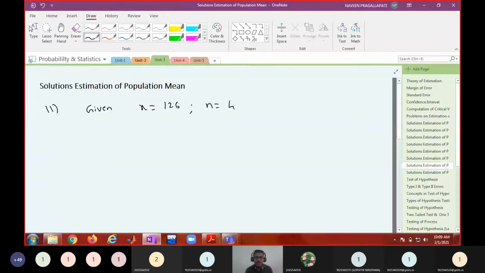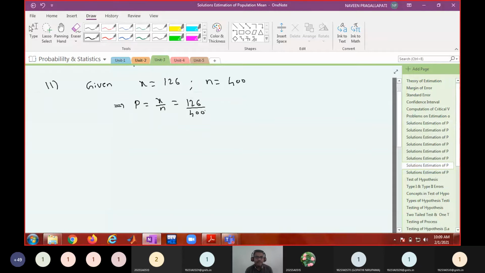This implies p equals x by n equals 126 by 400, and q equals 1 minus p equals 1 minus 126 by 400, which is 274 by 400. Am I right?